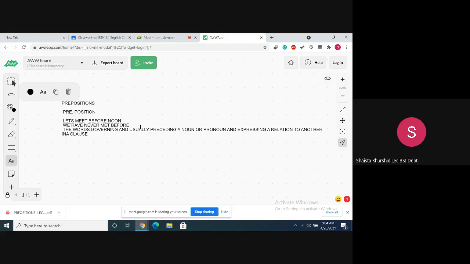So you can learn these idiomatic expressions in detail from Exploring the Word of English. It is a very common book, written by Anwar Sadat, an Indian writer.